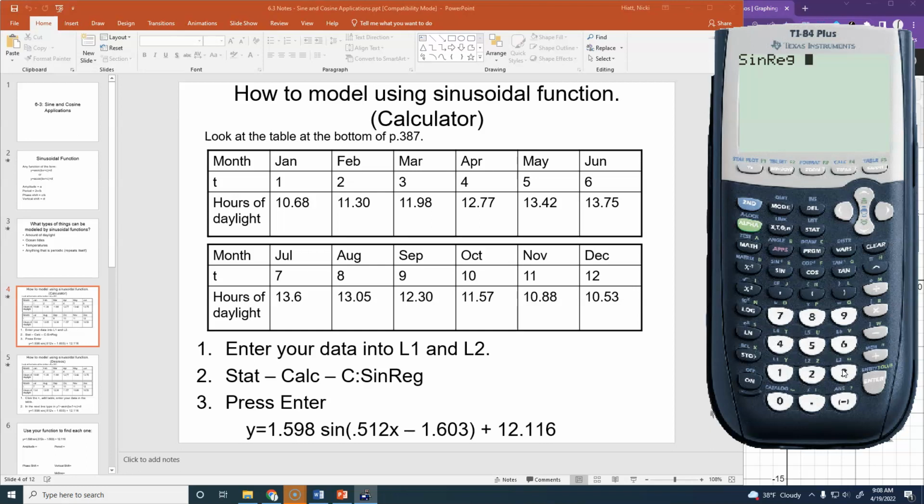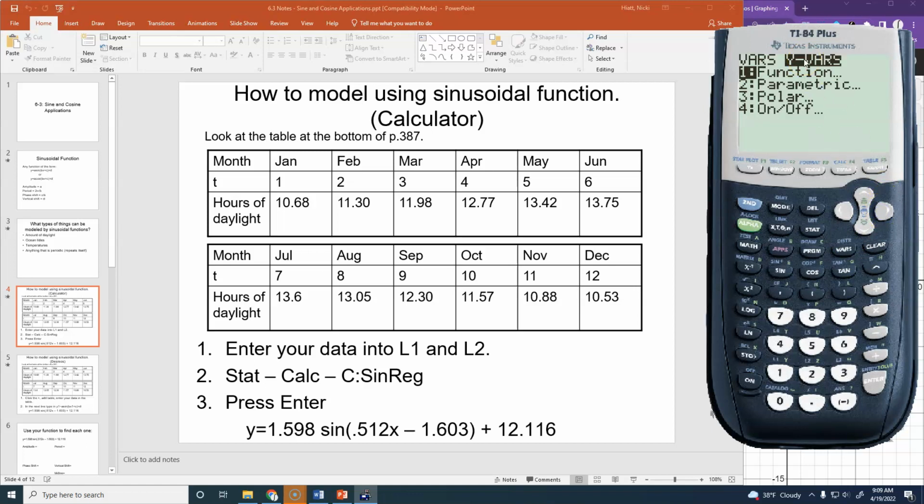If you want to store this in Y equals, which a lot of times we might want to do, from this calculator you're just going to hit vars, which is right here beside clear.